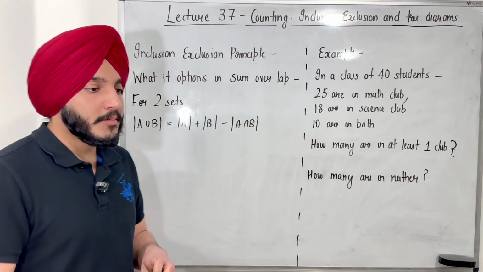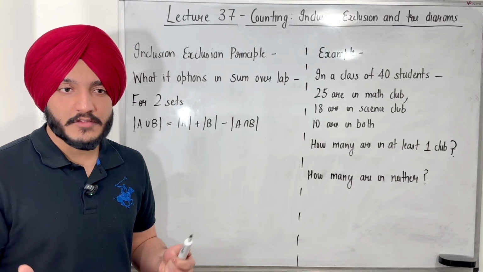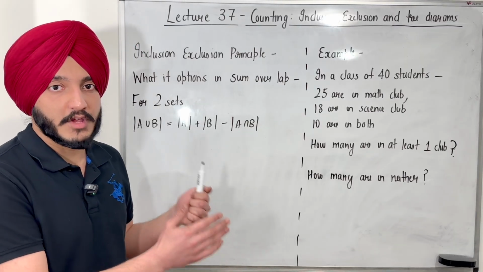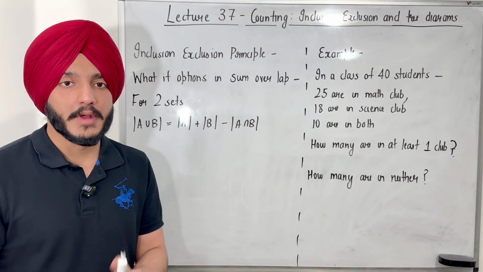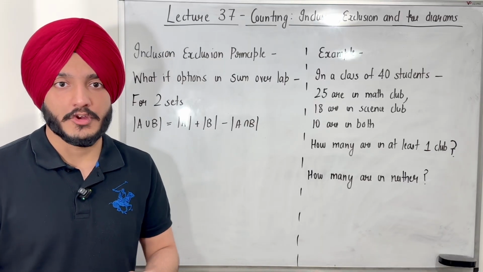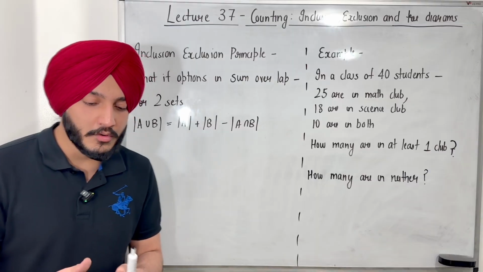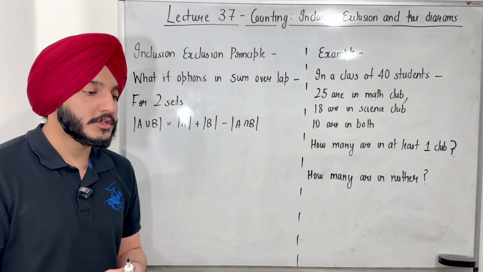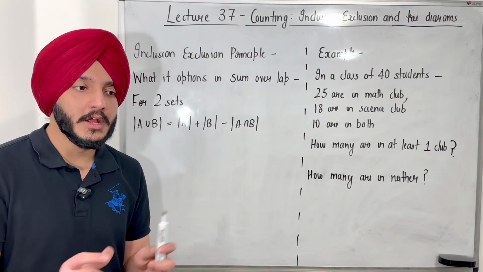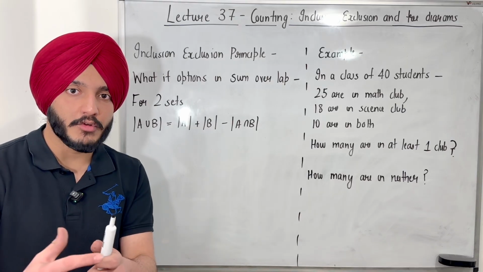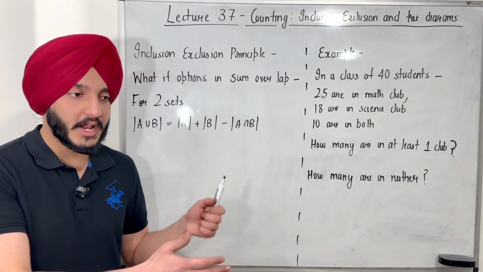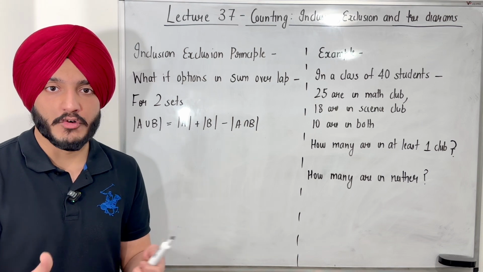So that would mean a total number of 10 courses are there. So you could either pick 5 courses if you're taking computer science, or you could pick 5 courses that are in computer engineering. But if you remember in the sum rule, the most important part was that there was no overlap, meaning whatever options I was giving you didn't have any overlap. Like the shirt and the pants, they don't have any overlap, right?